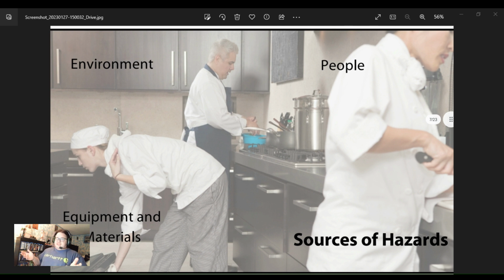So the category people refers to employees, residents, families, visitors, contractors. It usually comes from insufficient training, poor communication, and taking shortcuts because of pressure to complete the job in a short period. Yeah, that happens. It happens a lot.